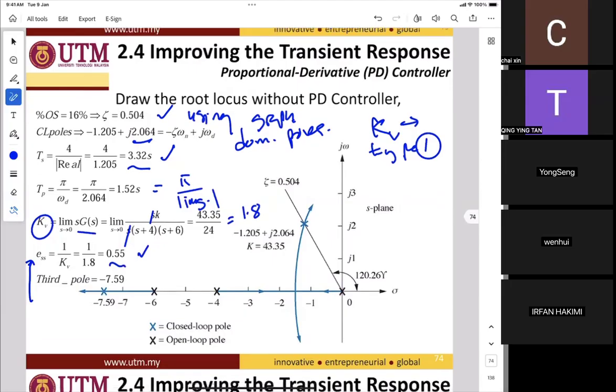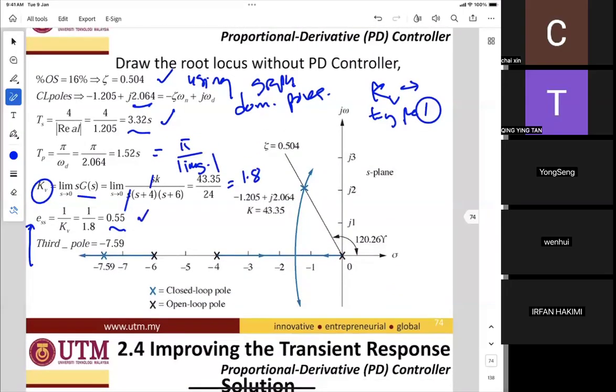Okay, so this is the plot. This is your theta.